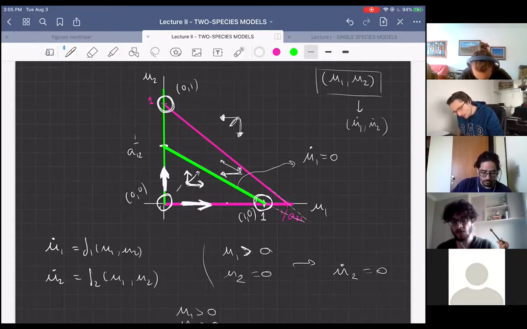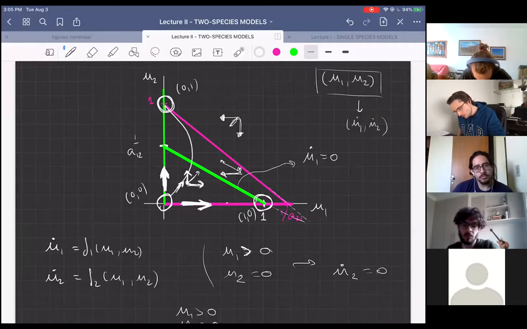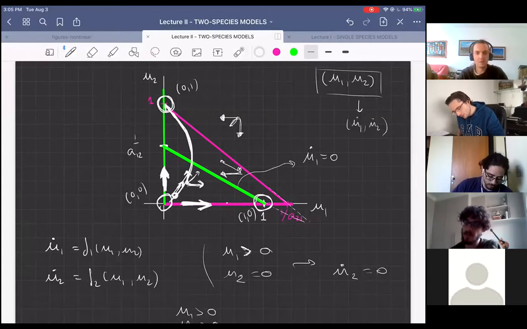So when I'm here, this looks like this, when I'm here, this looks like this. So maybe my system is going to do something like this.